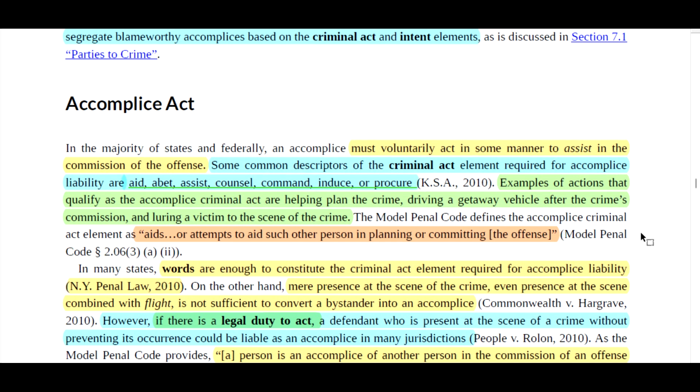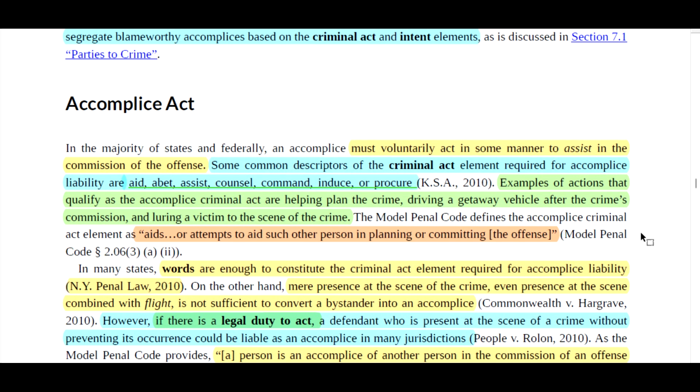So notice, the criminal act for an accomplice is that they are assisting. They are aiding, abetting, assisting, counseling, commanding, inducing, or procuring. These types of actions that qualify are planning a crime, driving a getaway vehicle, or luring a victim to the scene of the crime.